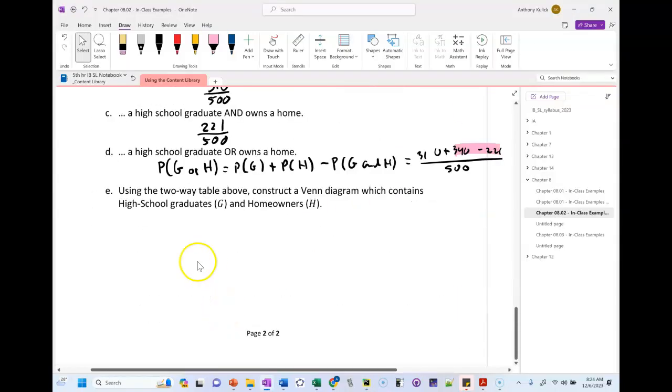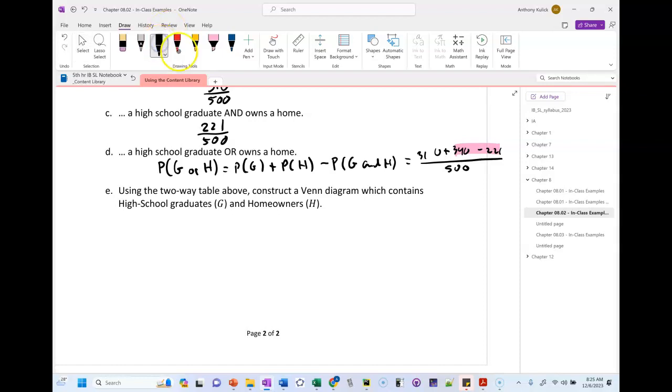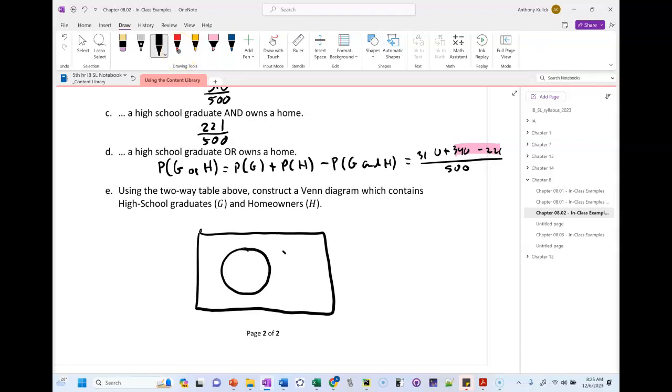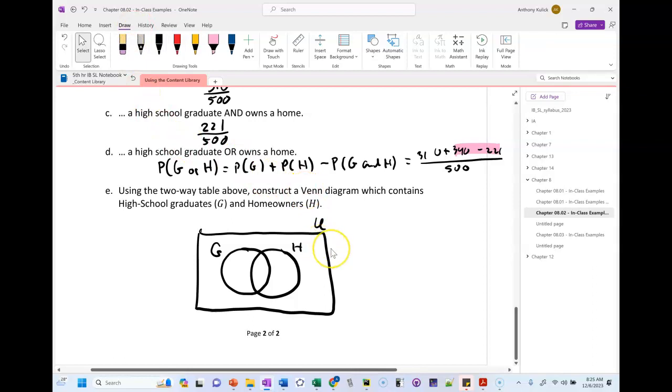Aiden, back to you, it looks like. Using the two-way table above, construct a Venn diagram that contains high school graduates and homeowners. So we'll draw that.